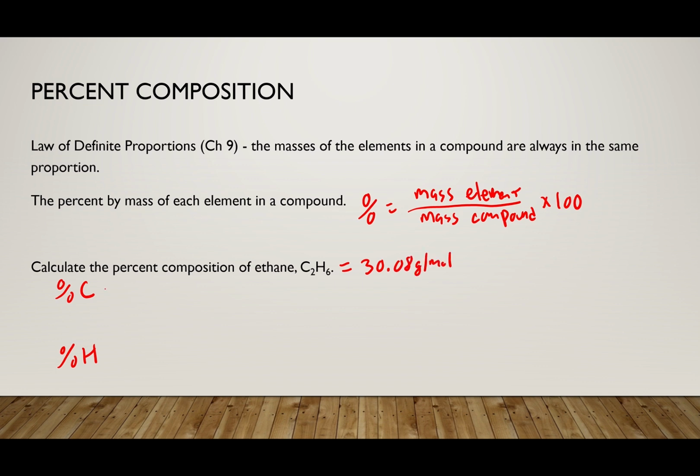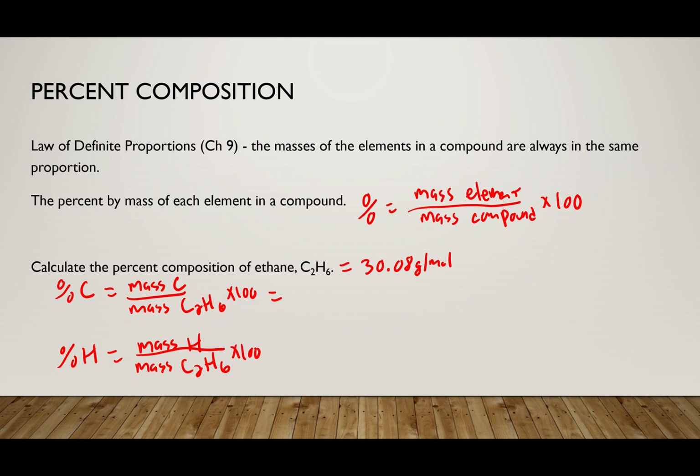That means the percentage of carbon would be the mass of carbon out of the mass of the entire compound times 100. Similarly, the percentage of hydrogen would be the mass of hydrogen out of the mass of the whole thing times 100. Here we're talking about the total mass of carbon.